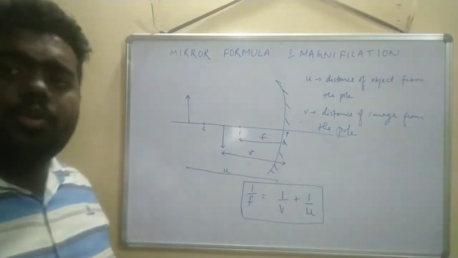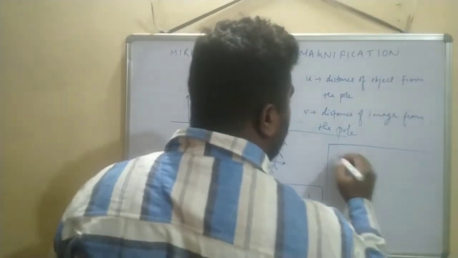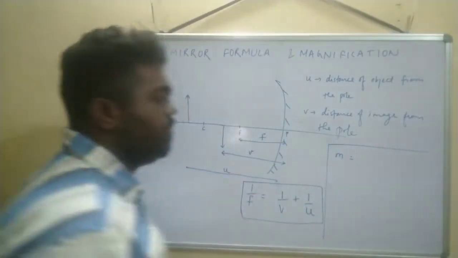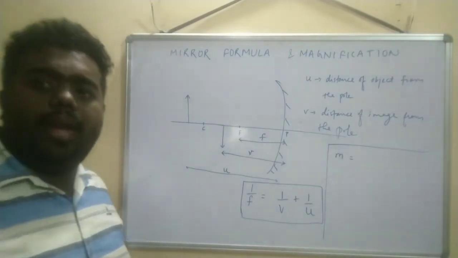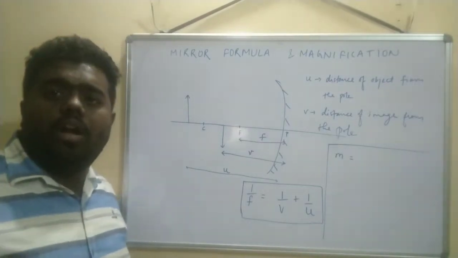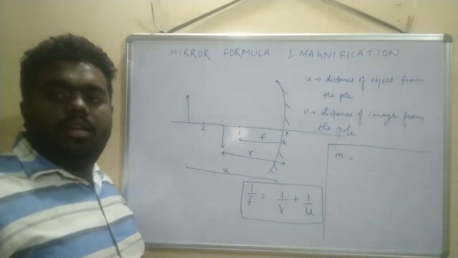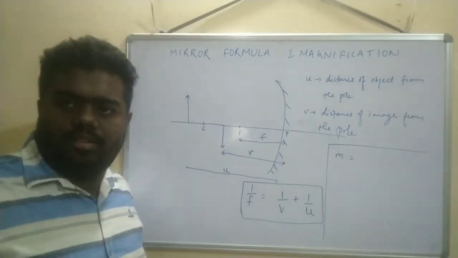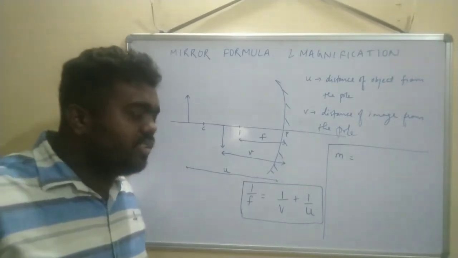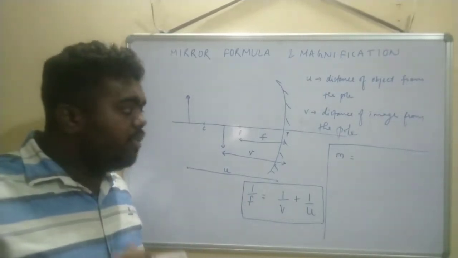Now when we come to magnification, magnification is denoted by small m. What is magnification actually? Magnification tells about how much the object is magnified. Sometimes you can see the size of the image is increasing, and sometimes you can see the size of the image is decreasing, upon magnification.